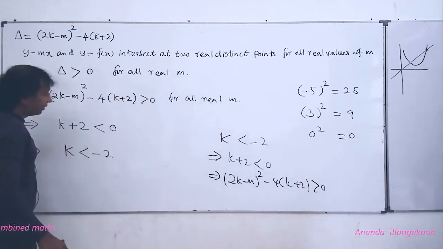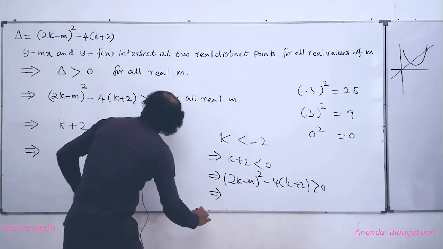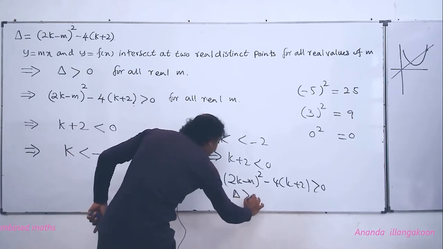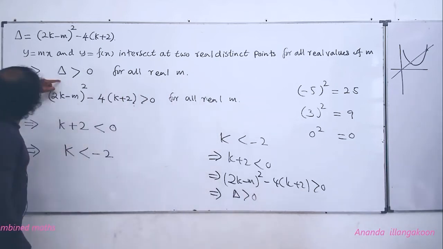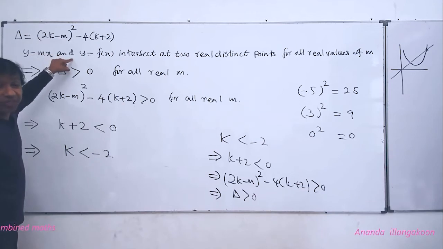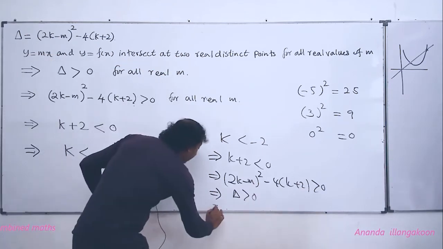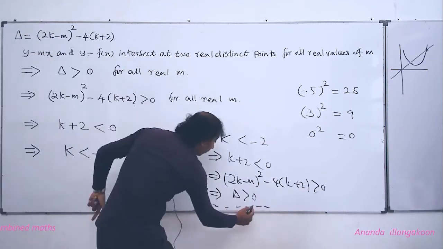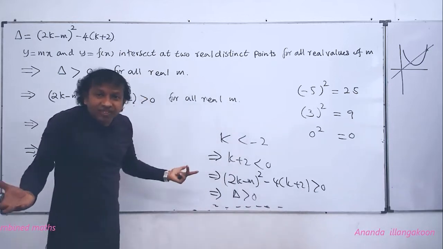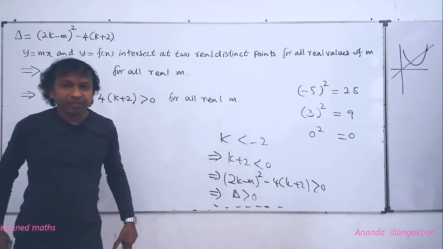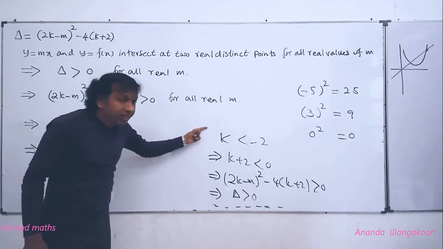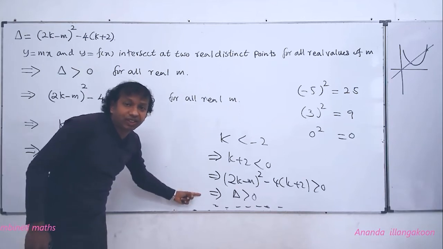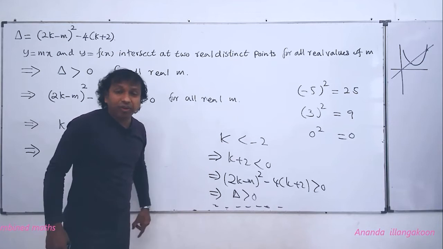That implies this, delta greater than 0. Delta greater than 0 implies y equals mx. This way you can now write the whole statement. That's the way of proving the only if part. That means this way, another set of statements we must write starting from k less than minus 2. That's what we have to do.